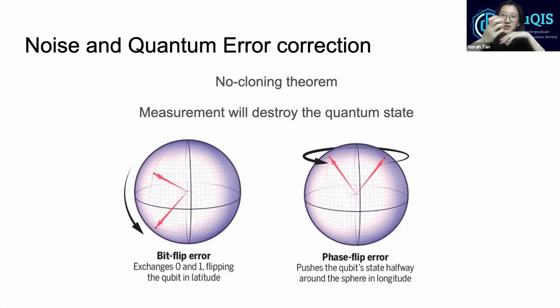And on the other hand, as said in the slide, measurement will destroy the quantum state. So when we want to detect the error the way we would in the classical sense, we just can't do it. So it requires some specifically designed quantum error correction strategy to make it work.